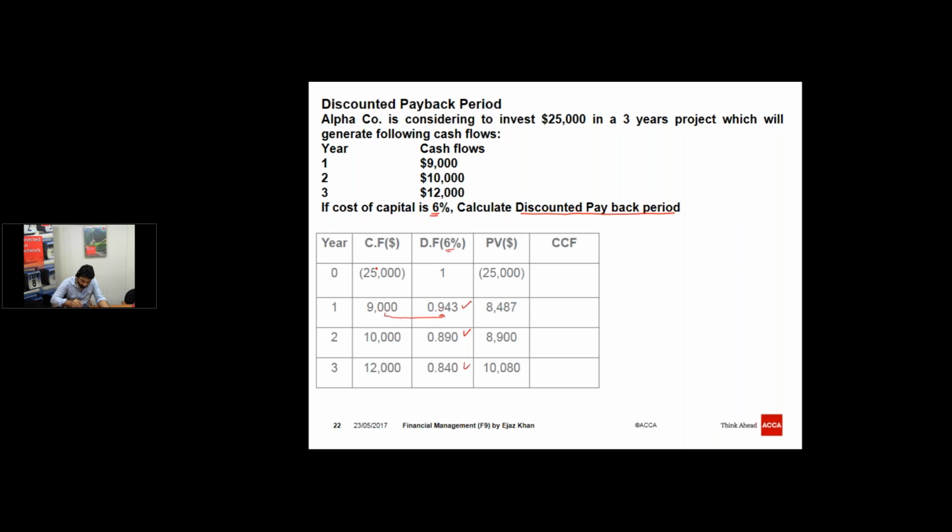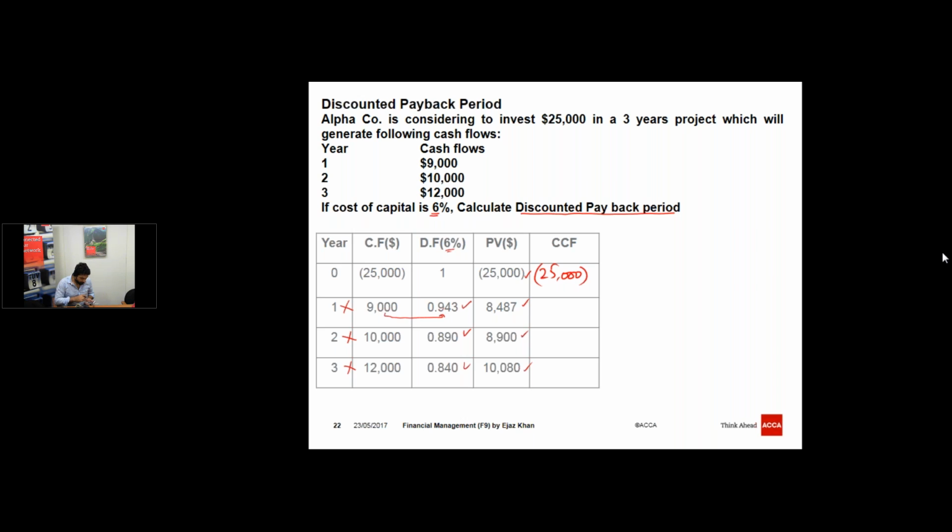Now we'll just ignore these cash flows and we will consider these cash flows, the present values of the cash flows. Now we'll again calculate the cumulative cash flow, but this time we will use present values to calculate the cumulative cash flows. So we'll write $25,000 as we wrote in the previous example. Of the $25,000, we have received $8,487.